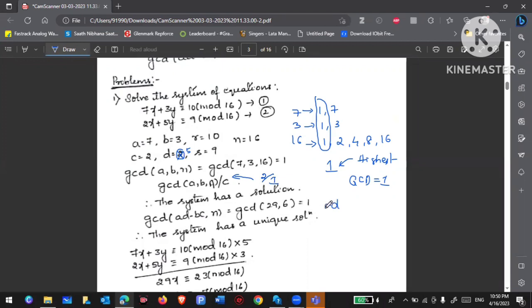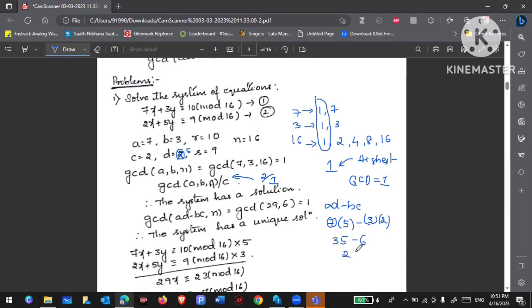ad minus bc. What is a? a is 7. What is d? d is 5. What is b? 3. What is c? 2. We have 35 minus 6.